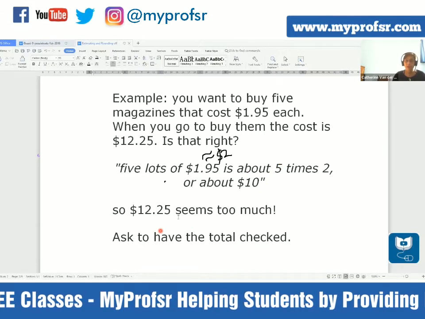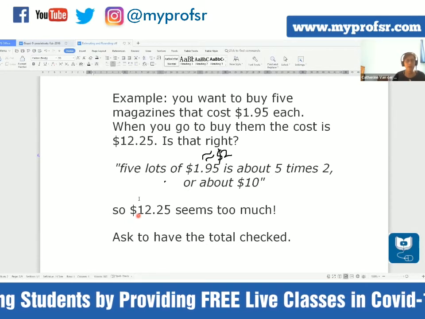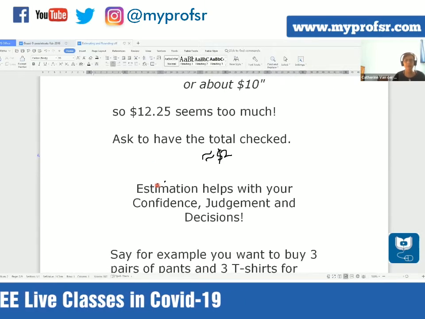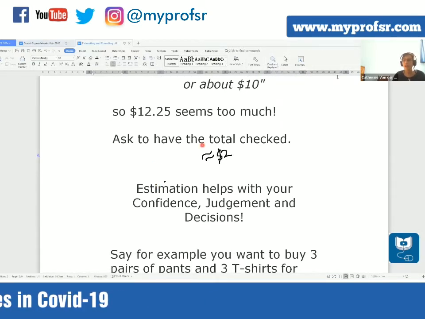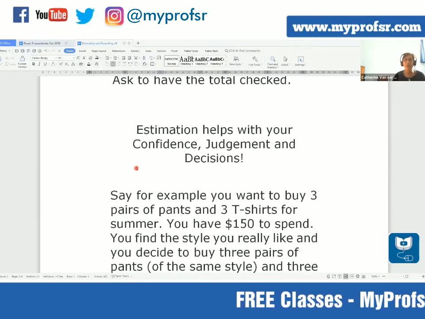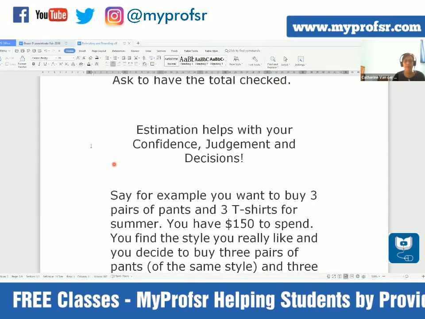And now you can tell the shopkeeper, oh, sorry, sir, but no, I don't think that can be the correct amount. So this little example shows you that estimation helps you with confidence, judgment, and decisions.